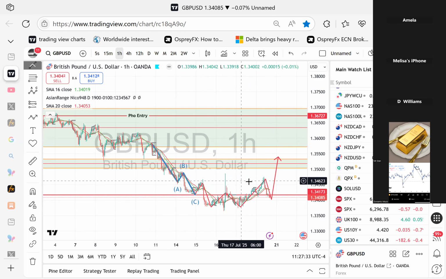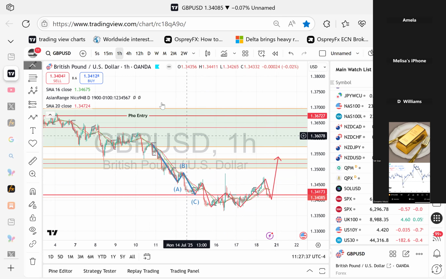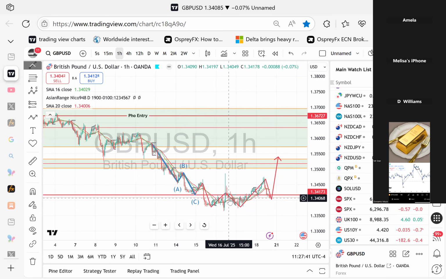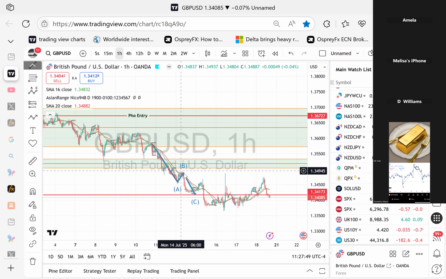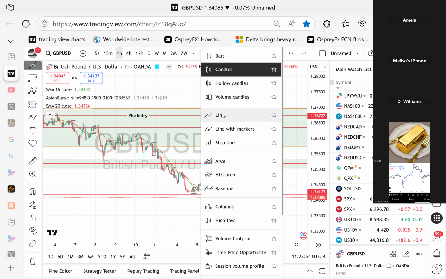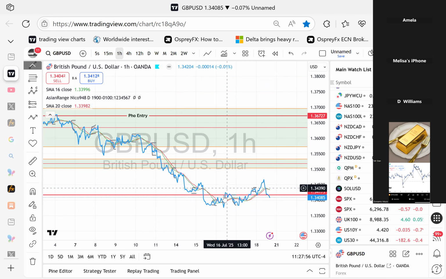So again, for Kim, this is not a change of character because it didn't break above this wick. So if you guys are trading the way Kim would trade, you would wait until you get a candlestick closure above this wick. But if you're trading like me, and you're using the line chart, this line chart is telling you this was a high right here.